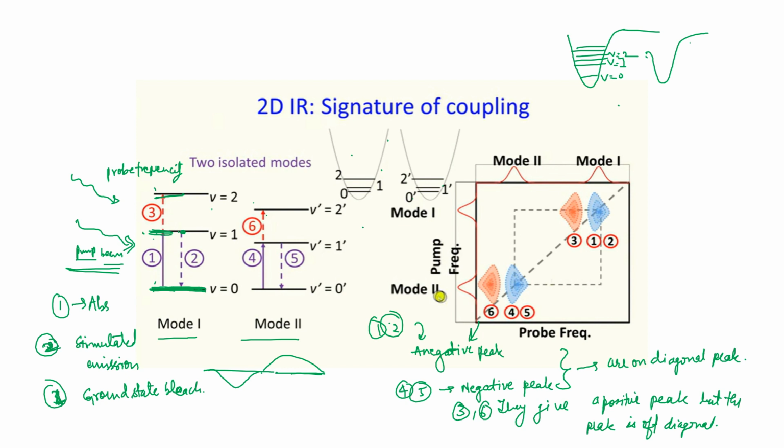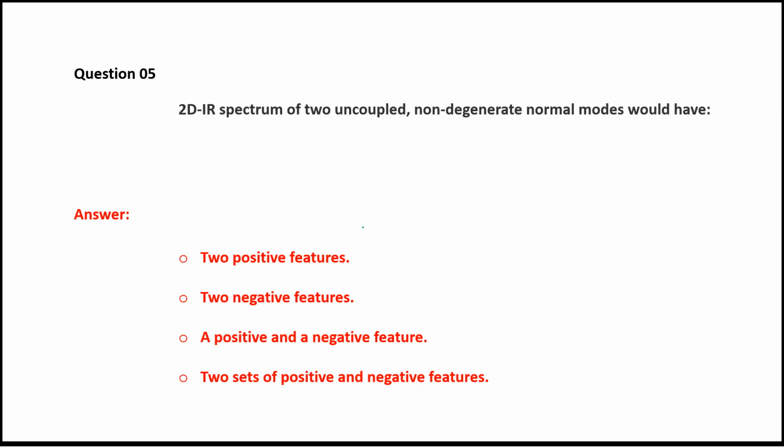Then if you plot a 2D contour diagram of mode 1 and mode 2, in case of mode 1 to mode 2 you get a negative peak which is on the diagonal. In case of the third and sixth, you always get a positive peak, and that too is off the diagonal.